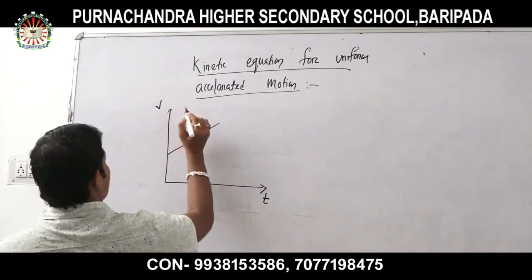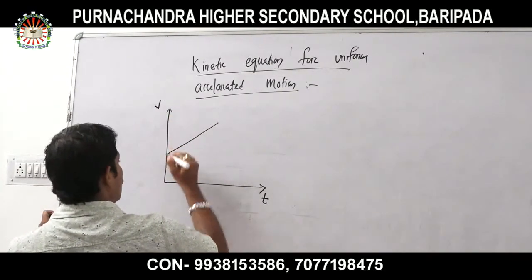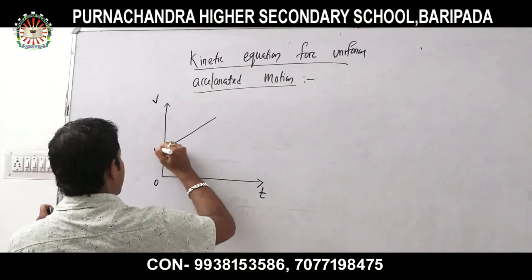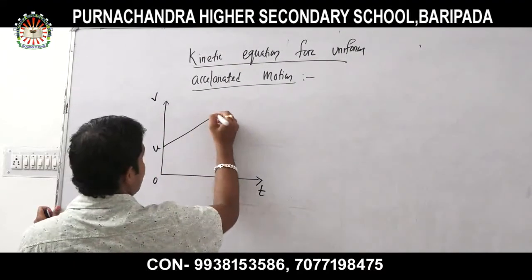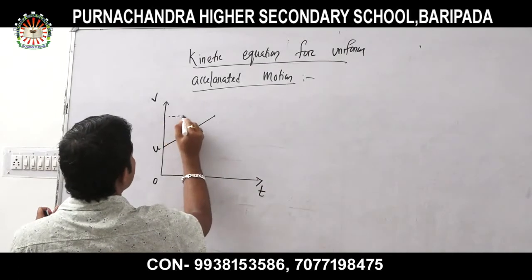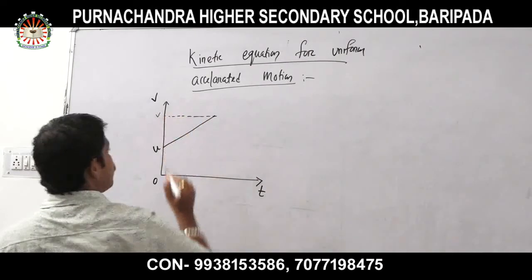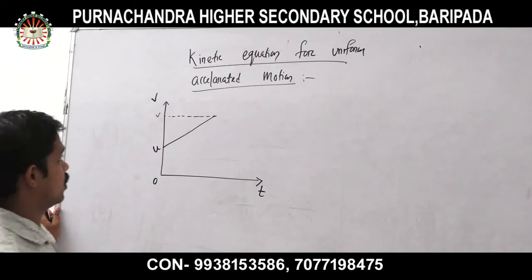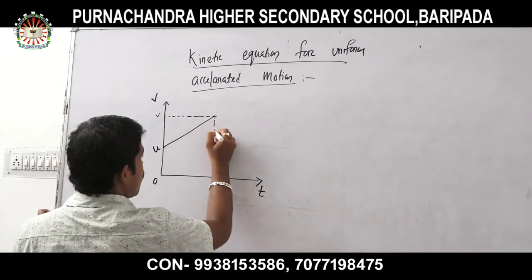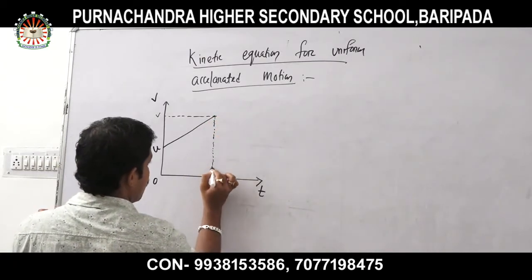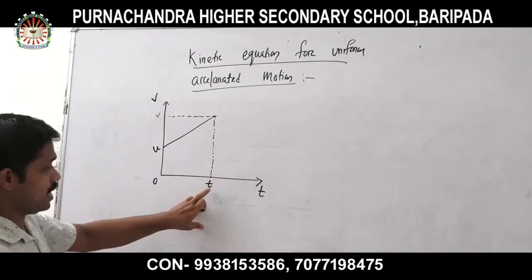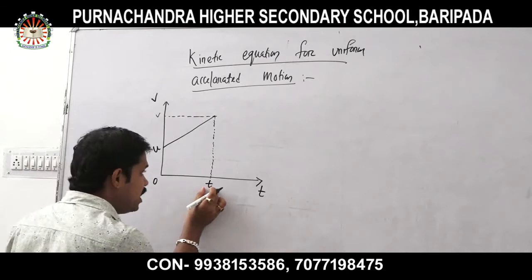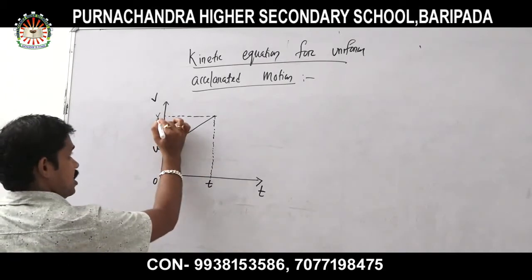Now suppose an object is starting not from the origin, starting from here at a velocity u, and ending at a velocity v. Clear? Okay. At time t, again I will repeat, at time t the velocity of the object becomes v.